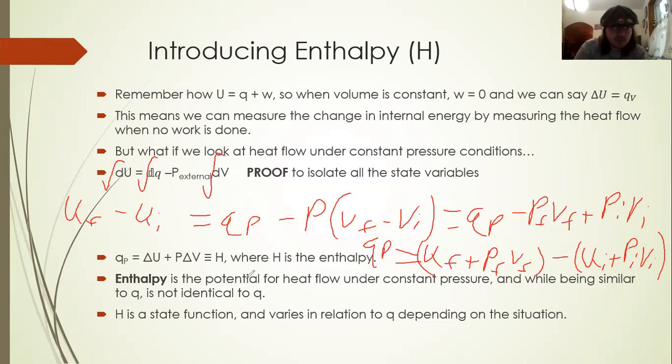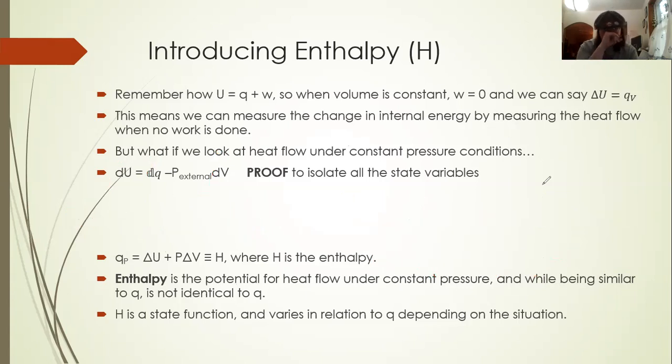Now this Q_P is equal to a state function. So we've defined this path function, Q, in terms of a state function, which doesn't depend on the path. We're making this very specific path function just the path of a constant pressure heat, and that gives us the state function H, because it's all in terms of state variables rather than a path variable.